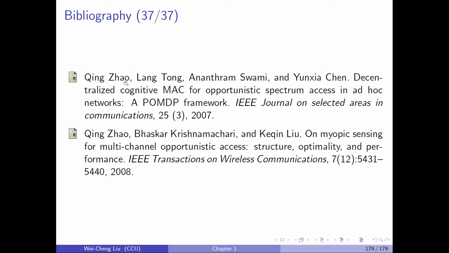The paper title is Decentralized Cognitive MAC for Opportunistic Spectrum Access in Ad Hoc Networks: A POMDP Framework, which was published in IEEE Journal on Selected Areas in Communications in 2007.